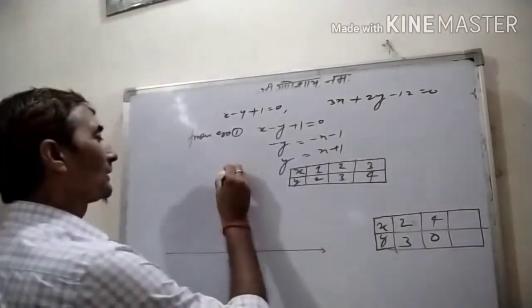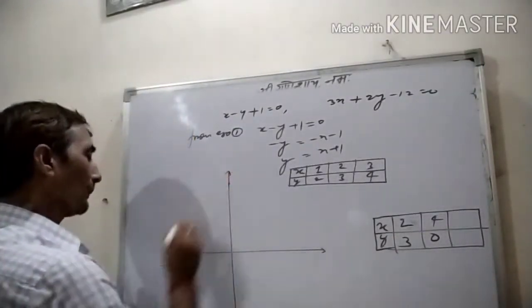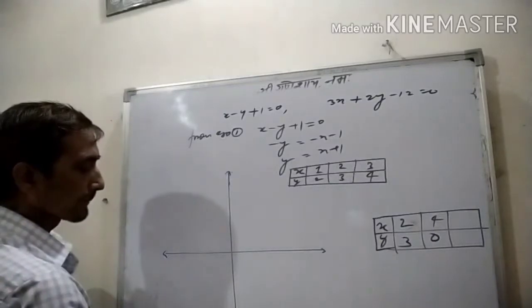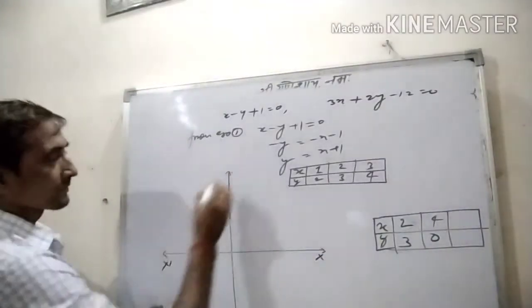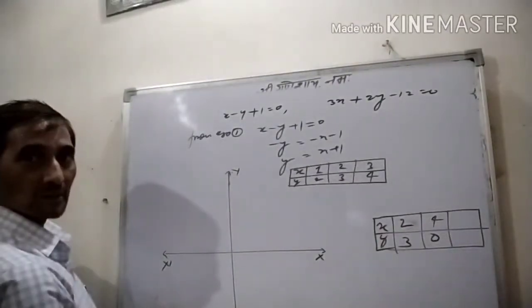Plot a Cartesian system on your copy, just like x, x dash, y, y dash.